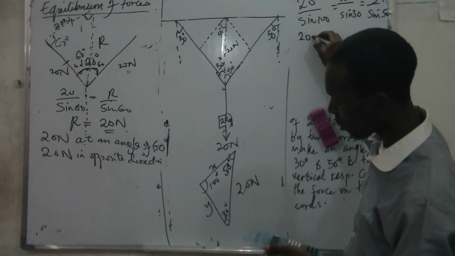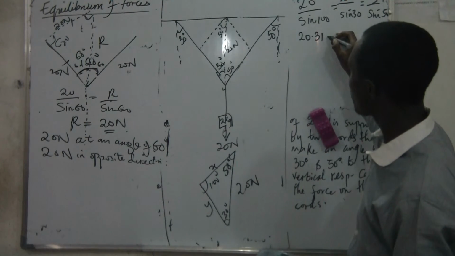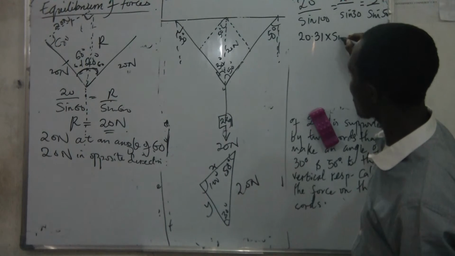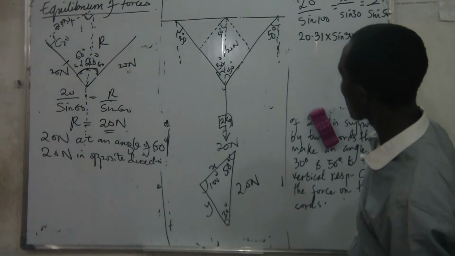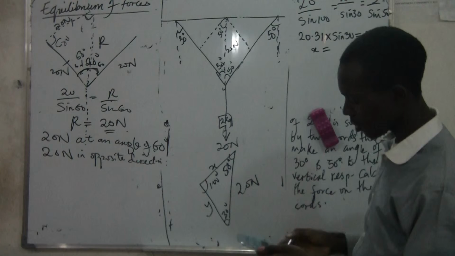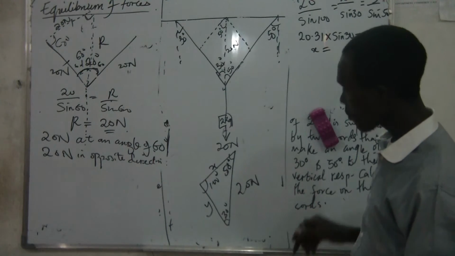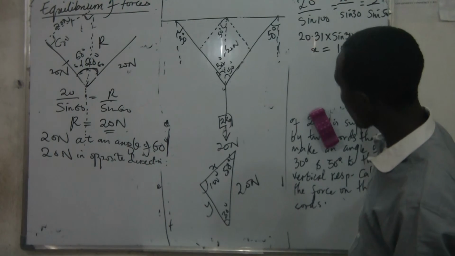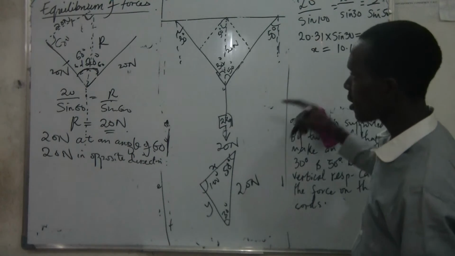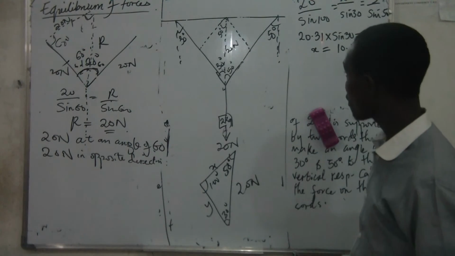This will give us 20.31. So 20.31 times sine 30 is equal to X. So X is equal to 10.15 Newton. That's the force on one of the chords.